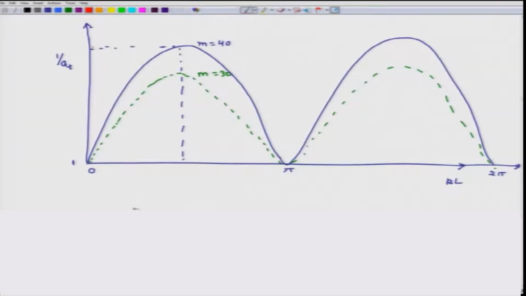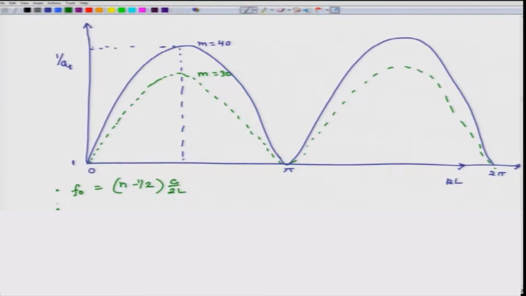Okay. So, now that we have developed this graph, I would like to reiterate what I mentioned earlier, that the frequency at which this 1 over AT term gets maximized corresponds to f naught, and that is equal to n minus half times c over 2L. Okay. So, that is one conclusion we make from this particular graph.